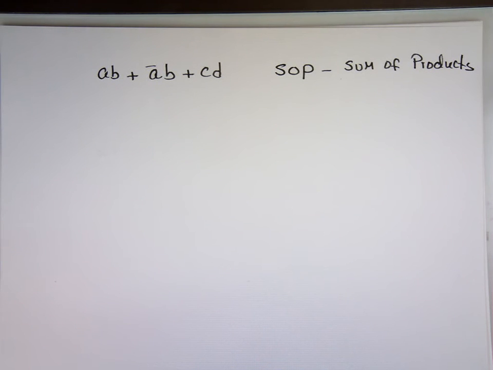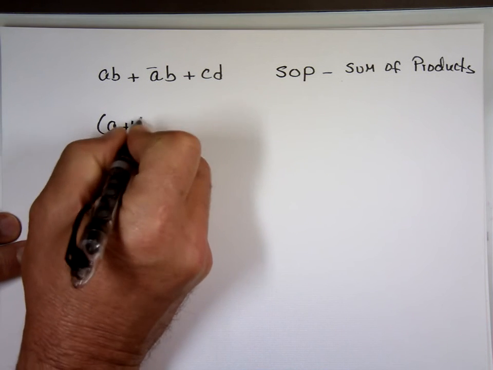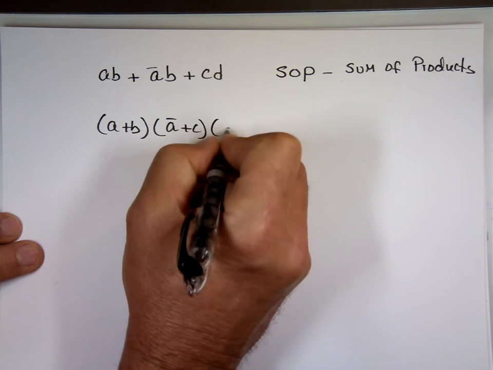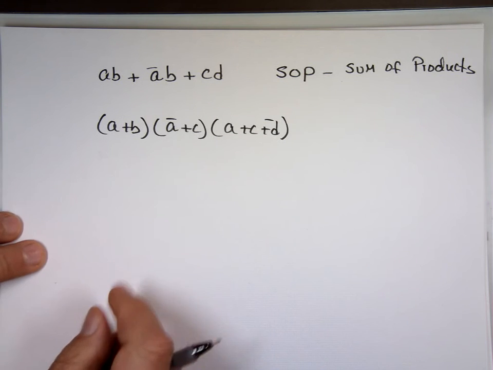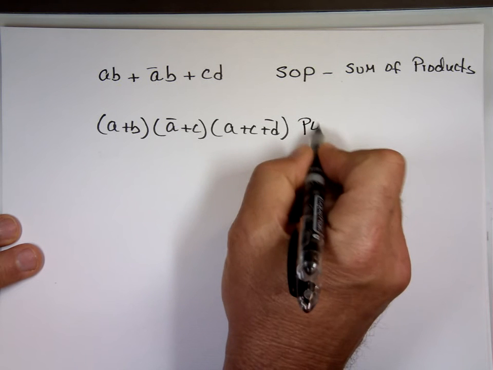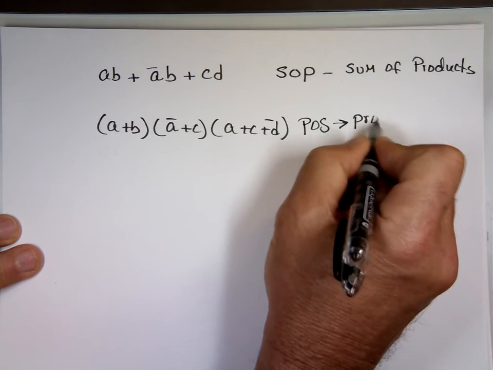If the expression is written A plus B times A naught plus C times A plus C plus D naught, this is known as what? Product of sums.